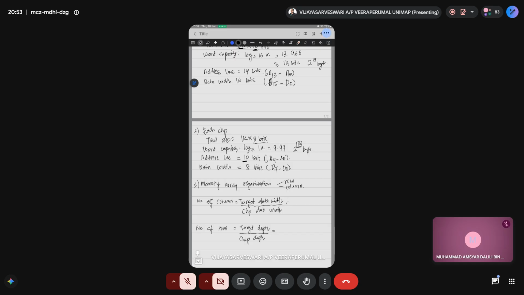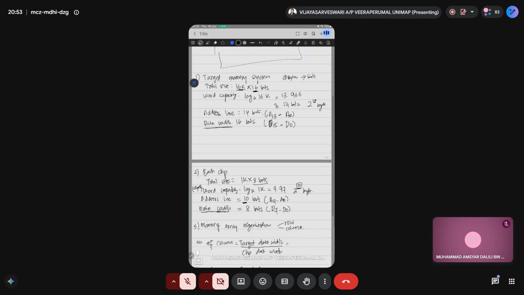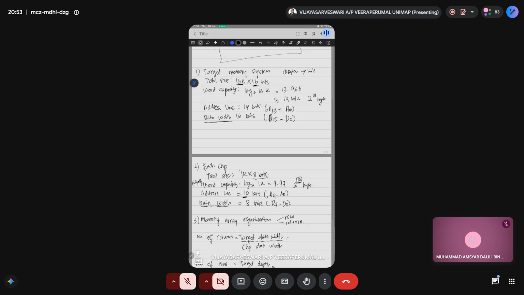So our word capacity will be our depth, and the other one will be our width. So let's say for 1K times 18 bit, this will be our depth and this will be our width.